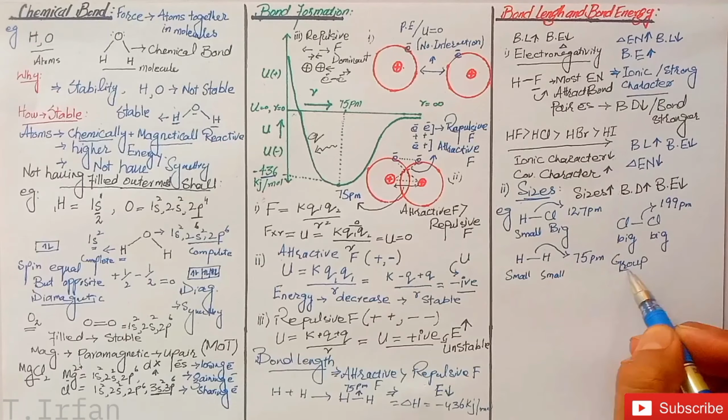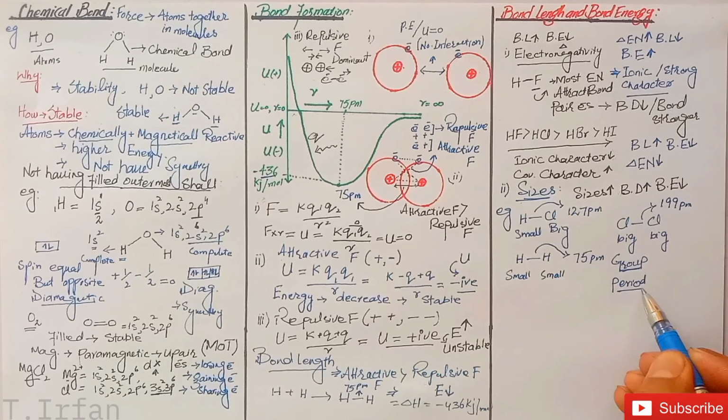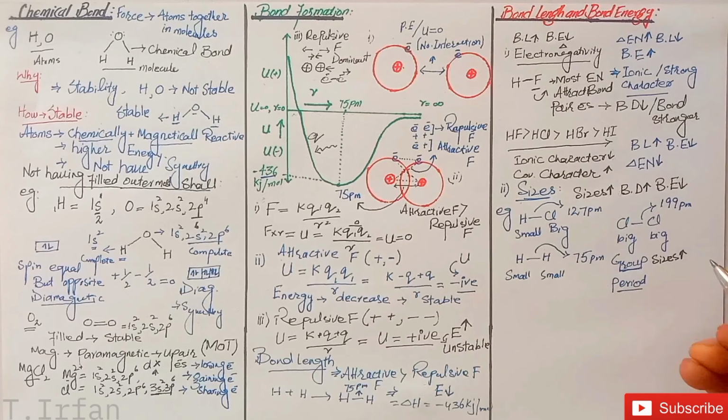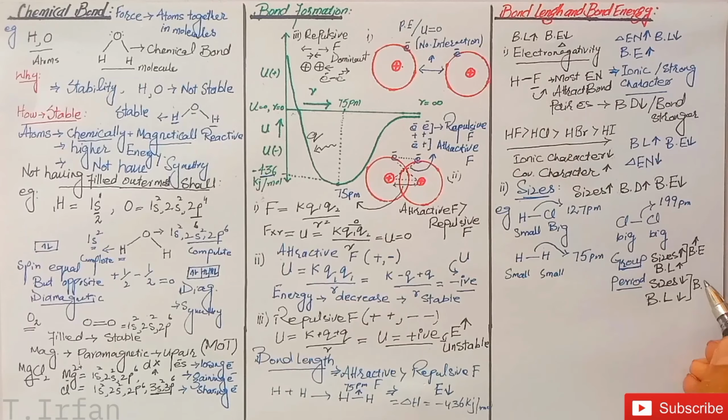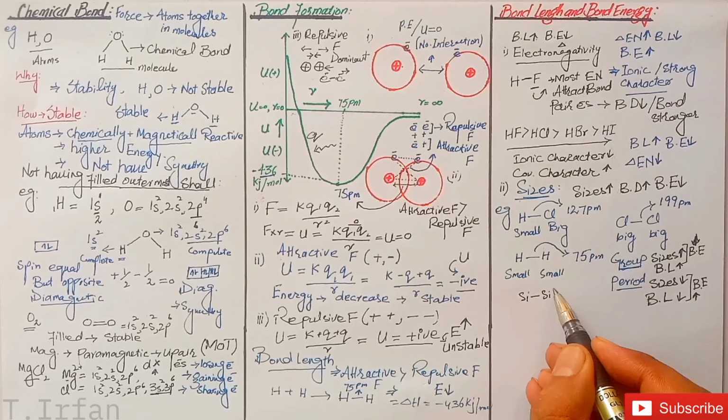And in groups, when we move from top to bottom, the size of atoms increases, so the bond length increases and the bond energy decreases. In periods, when we move from left to right, the size of atoms decreases, so bond length decreases and bond energy increases. For example, the bond length between silicon atoms is greater as compared to carbon atoms.